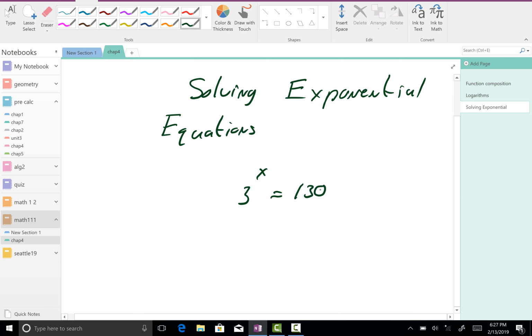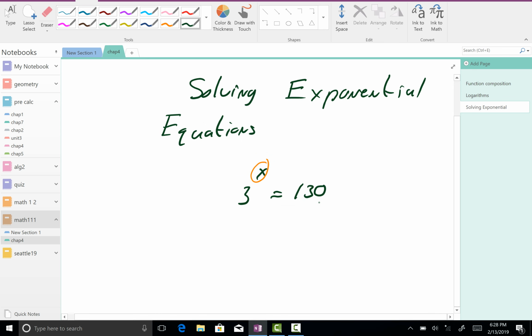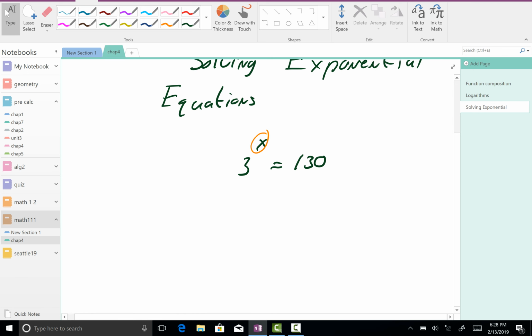All right. So if we have, say, a variable in the exponent, such as this one, you can use the definition of a logarithm on that and get the answer, and there's nothing wrong with using that strategy. But another strategy is to just take the log of both sides. That's what it's kind of called.